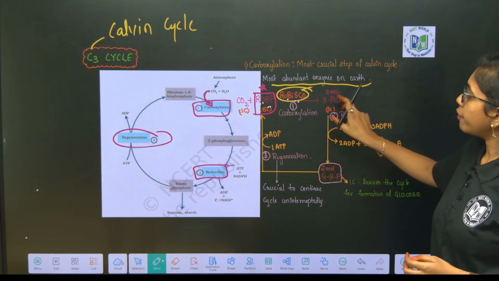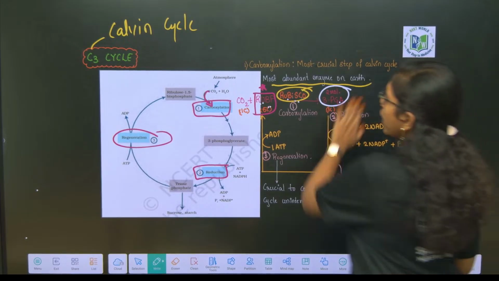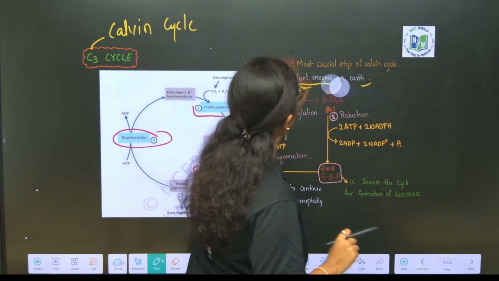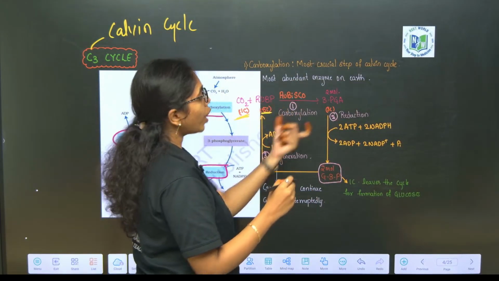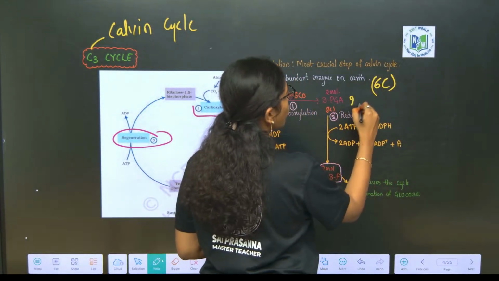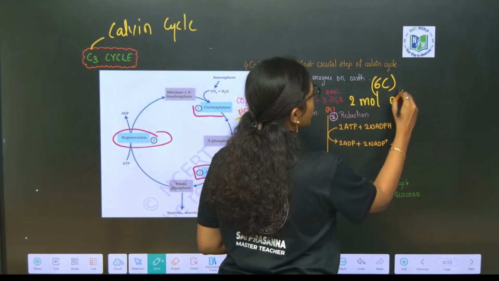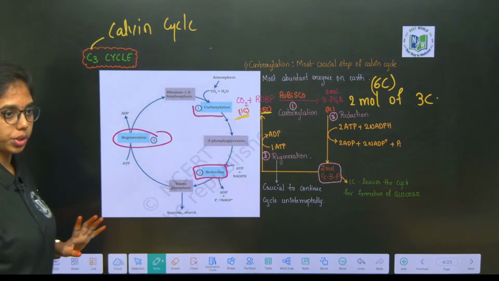As such, the first stable product which is formed is a 3-carbon compound. Carbon dioxide is 1 carbon, and RuBP is 5 carbon. So in total how many carbons should be formed? 6 carbon. So 2 molecules of 3-carbon compound are formed in the very first step of carboxylation.